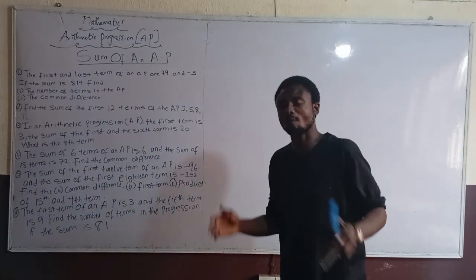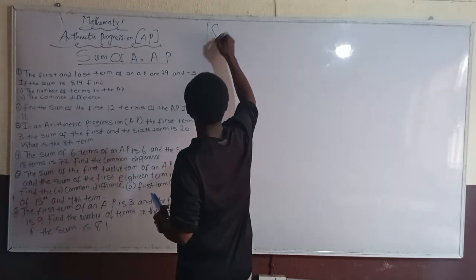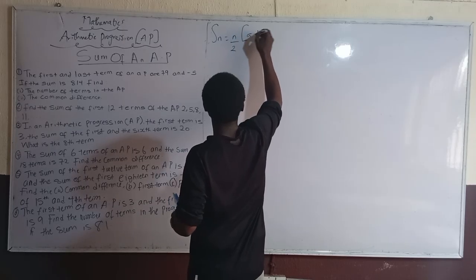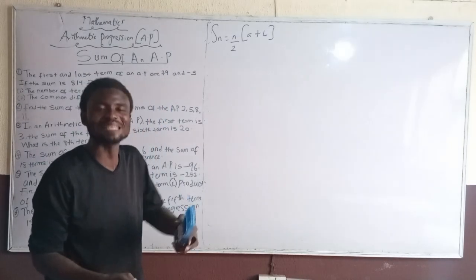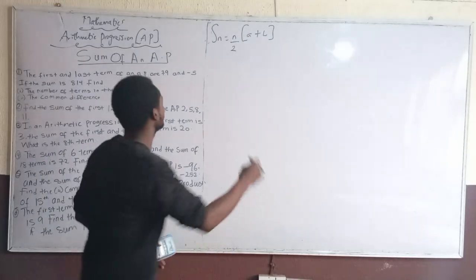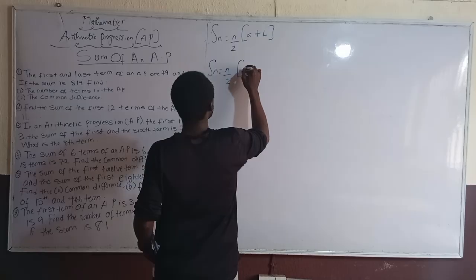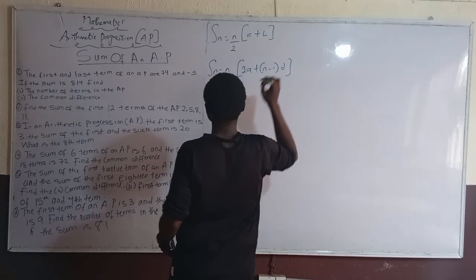The formula for sum when given first and last term is Sn equals n over 2 in bracket a plus l. The formula when given first term and common difference is Sn equals n over 2 open bracket 2a plus (n minus 1)d.